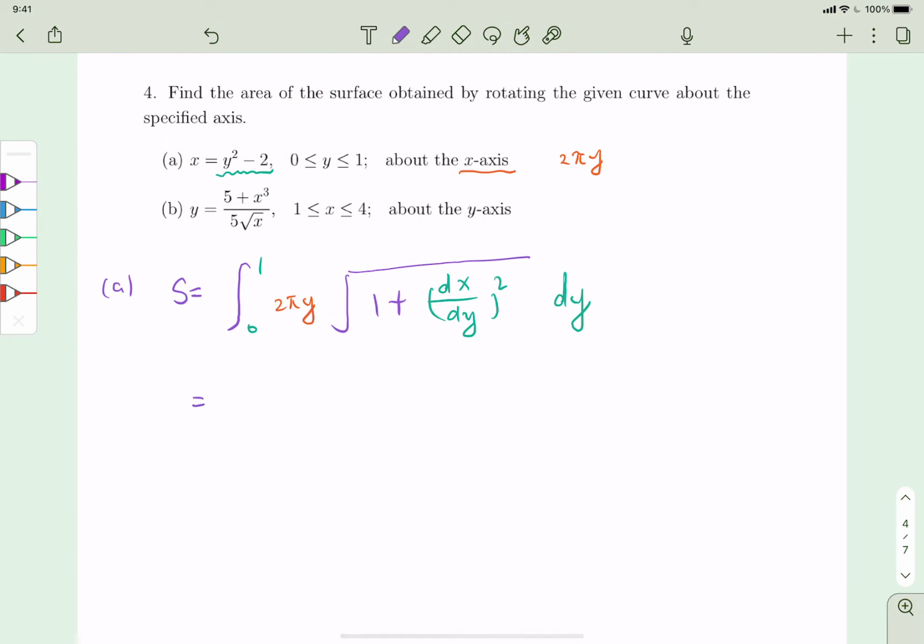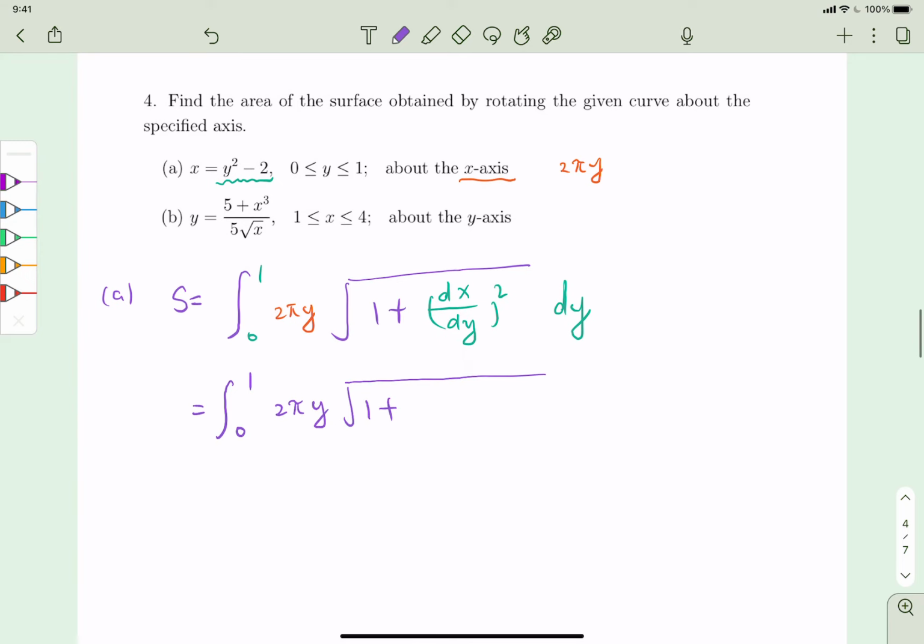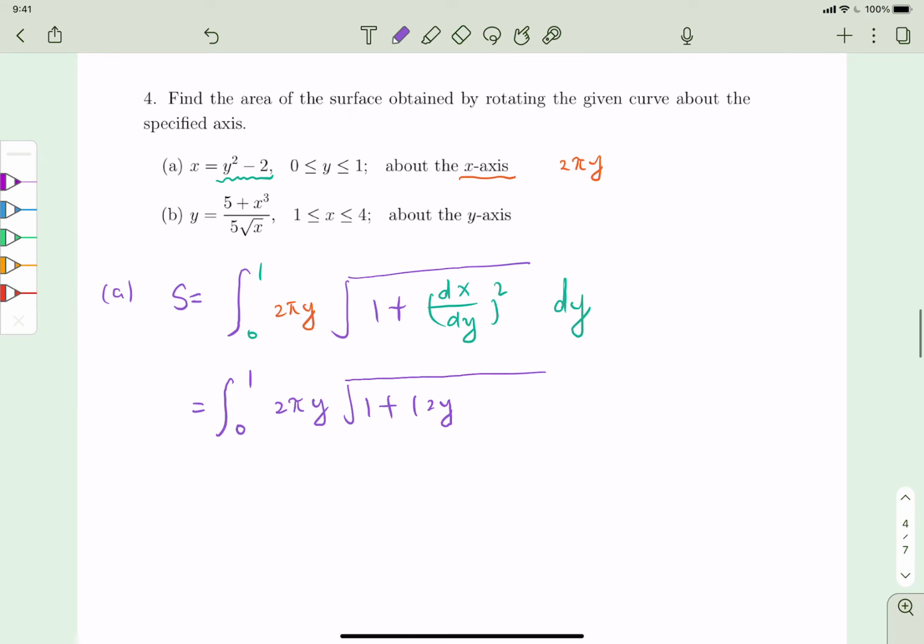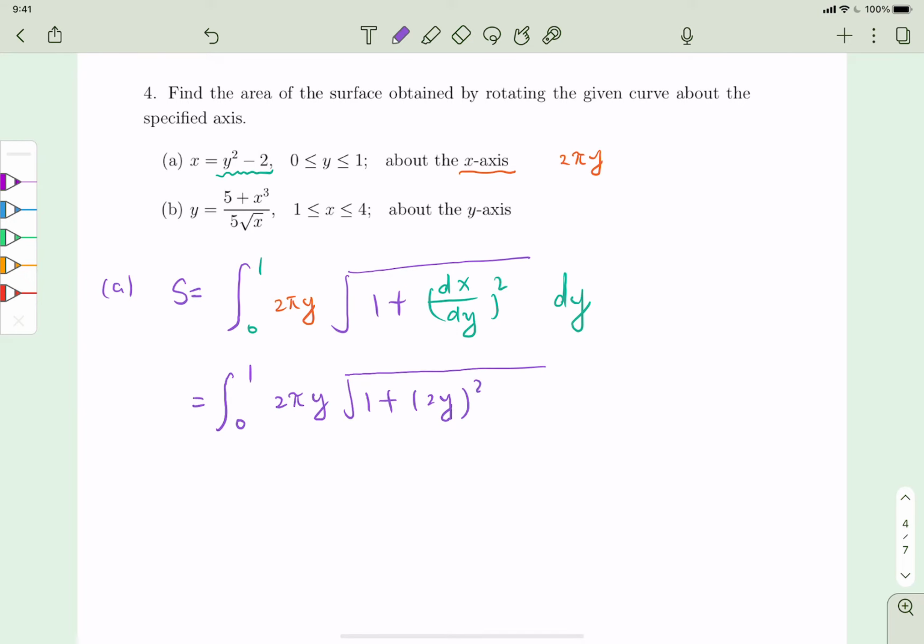And now we go through it. 2 pi y. This 1 plus dx over dy, that's the derivative of this function. That is 2y, right, squared dy.